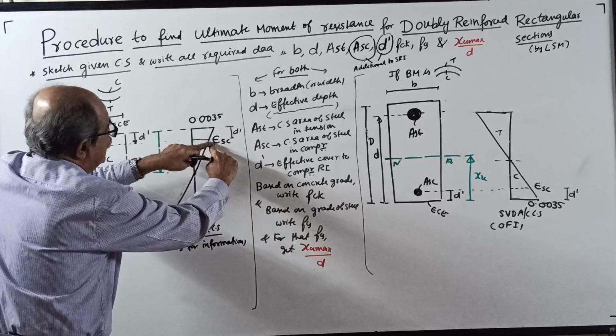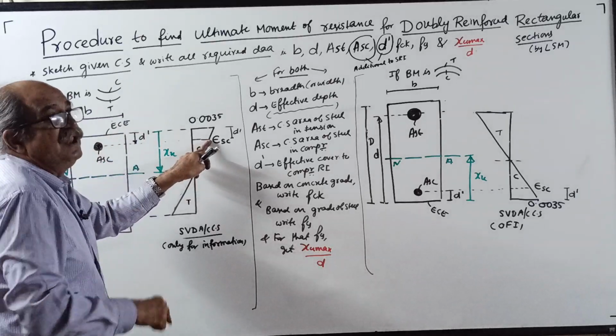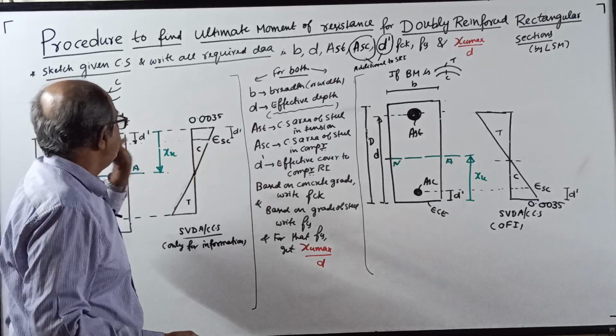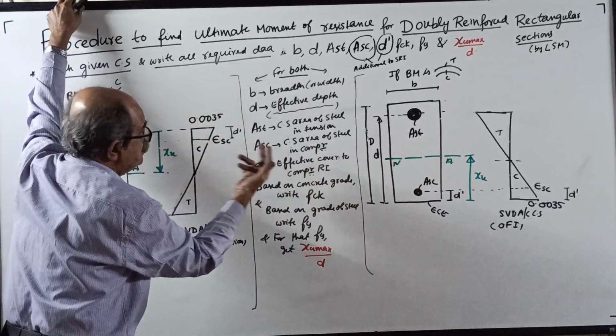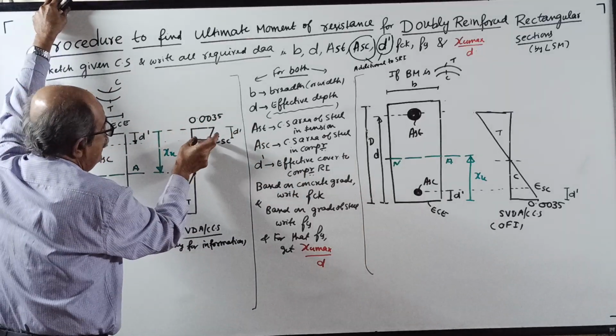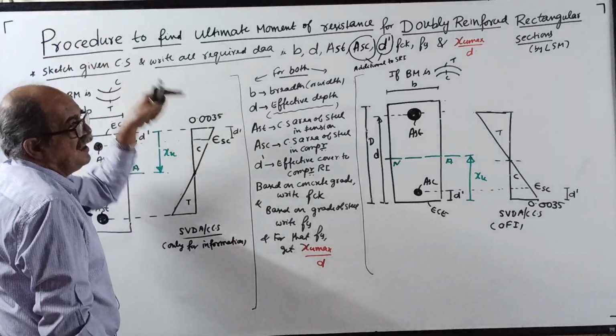This is the strain in concrete at the level of the centroid of compression steel, equal to the strain in compression steel, epsilon SC. From this you got 0.0035 divided by XU equal to epsilon SC divided by XU minus D dash. This I already told you.